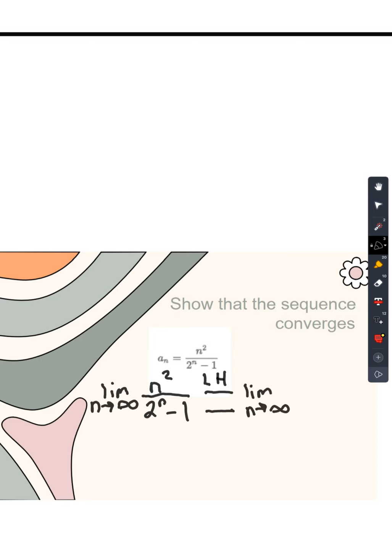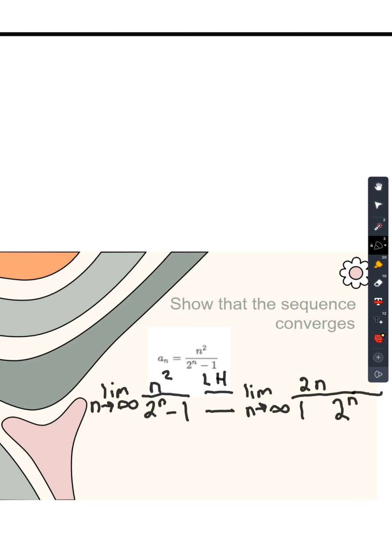Taking the derivative of the top, I get 2n. Now, we do have to remind ourselves a little bit about our derivative rule here. Remember that the derivative of e to the x is just e to the x. Same thing with my other bases, I still just get a 2 to the n, or 2 to the x.